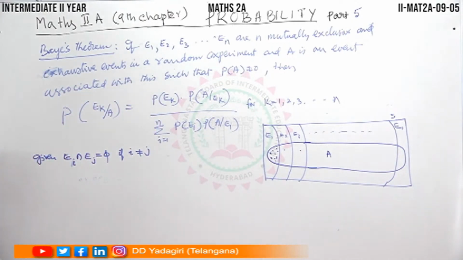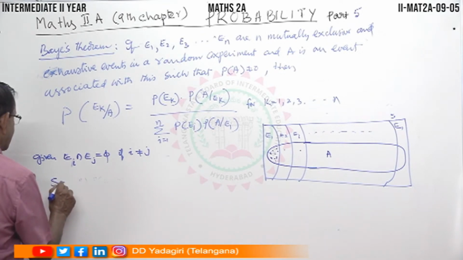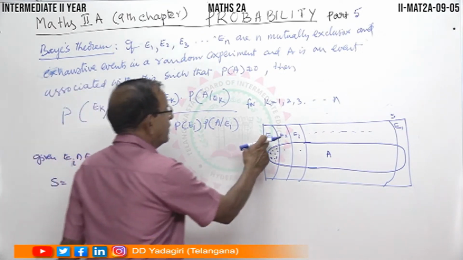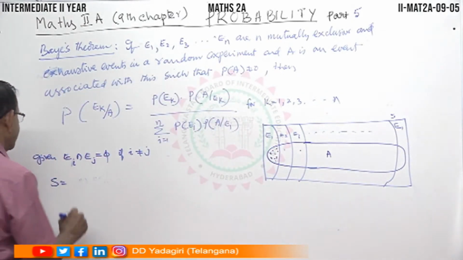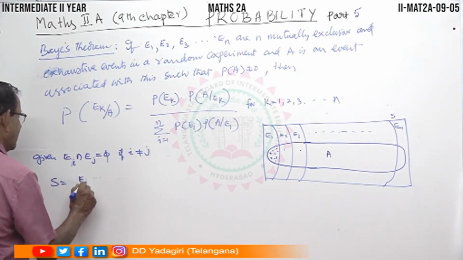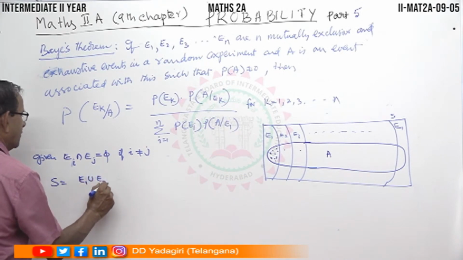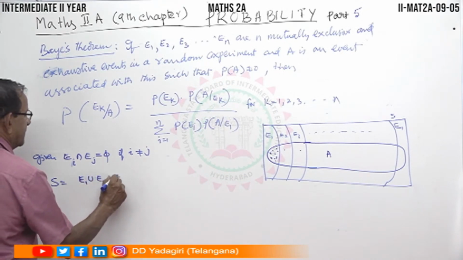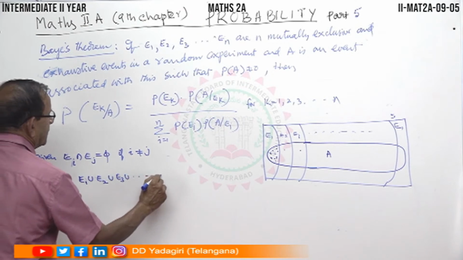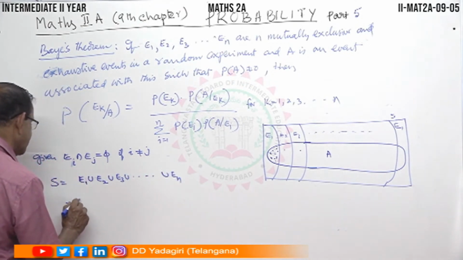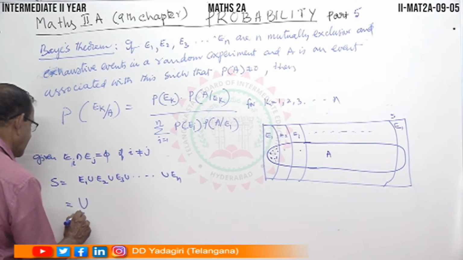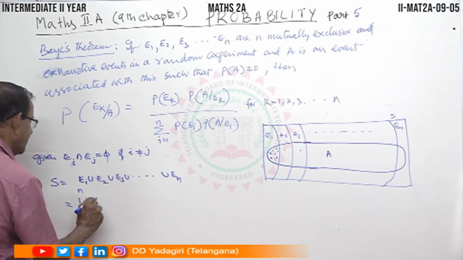Now in that case, what is S? S means the union of all these E1, E2, E3 up to En. That is E1 union E2 union E3 union up to En. Simply we can write it as union i is equal to 1 to n Ei.